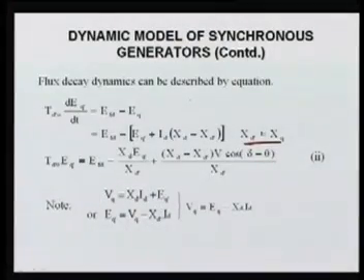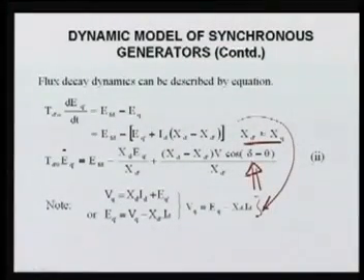Normally we are going to use this equation, which can be simplified further, and we can write TDO prime dEQ prime by dt, where VQ will be XD prime ID plus EQ prime. Simplifying, we get one differential equation, that is equation number 2.